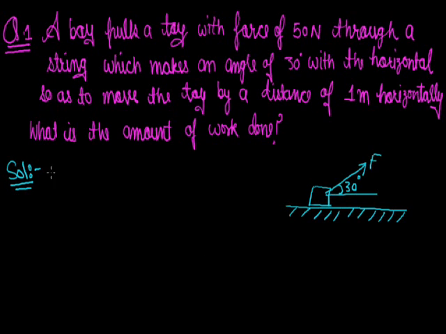As we know, work done is given by the scalar product of force and displacement. So here we can write W equals F s cos theta, where theta is the angle between force and displacement. Force is given as 50 Newton, displacement is 1 meter, and theta is 30°.